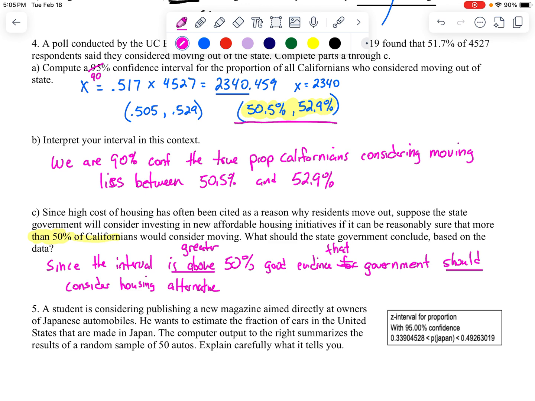I highlighted that because when you go to do this in MathXL, it's going to have some fill in the blank stuff. So it's going to be is greater than, or other reasoning rationale, and this is going to be should or should not, and then we'll go from there.